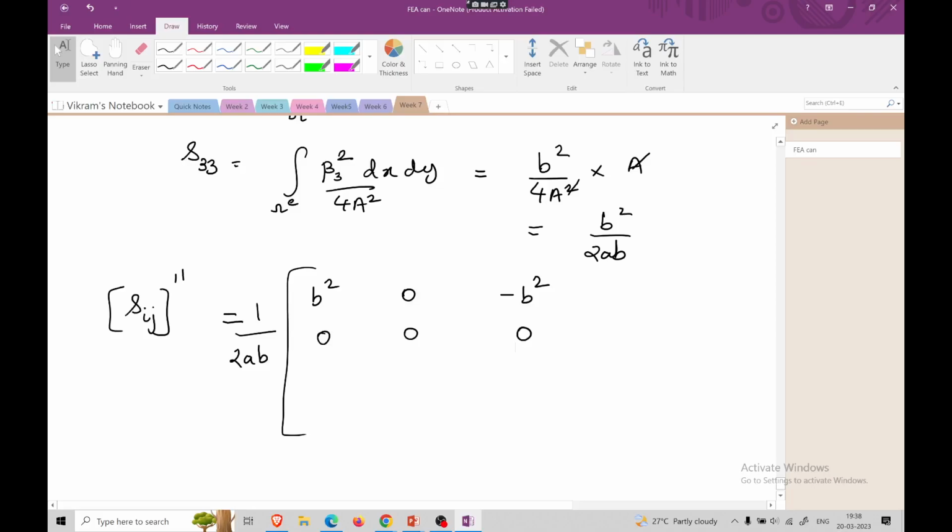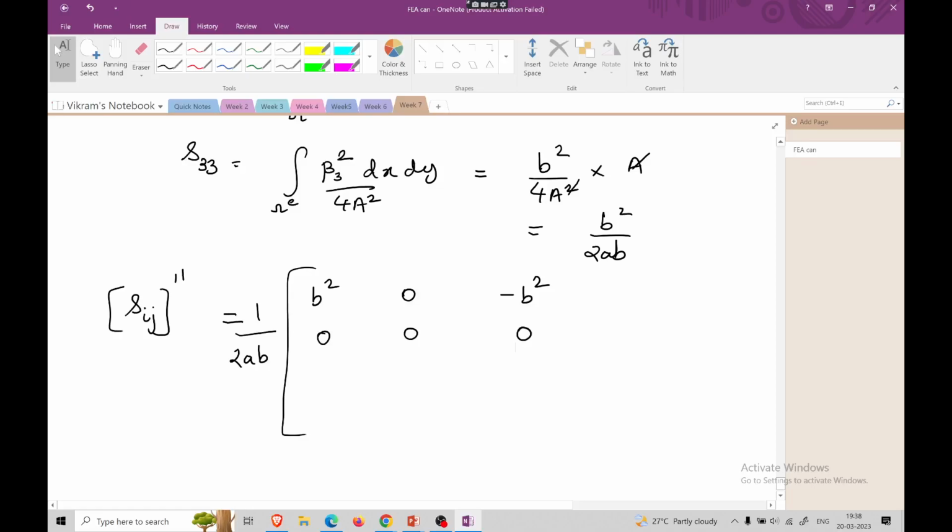S21 is nothing but S12, which is minus a square by 2ab. S22 is gamma 2 square by 4a square into dx dy. What is gamma 2? Gamma 2 is simply a square.